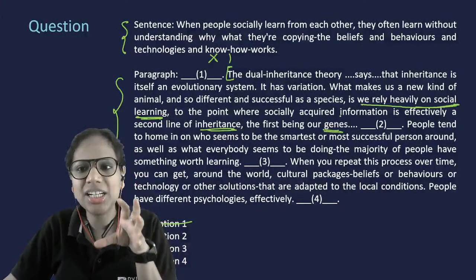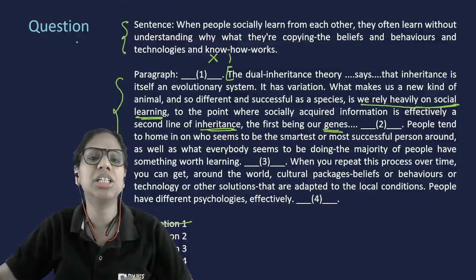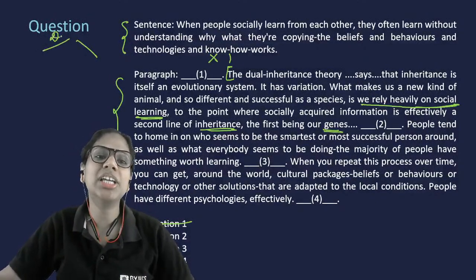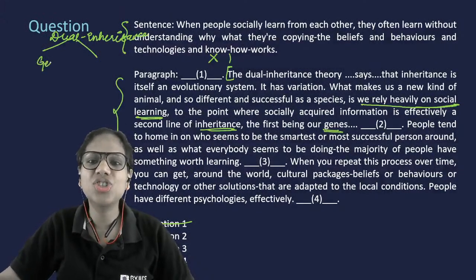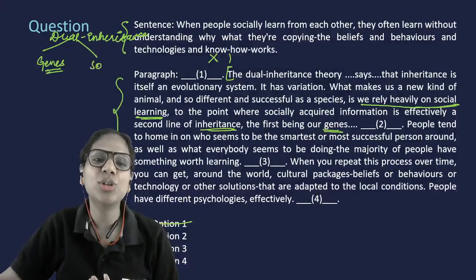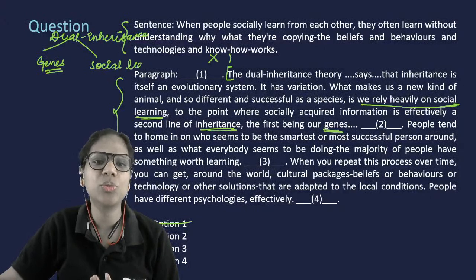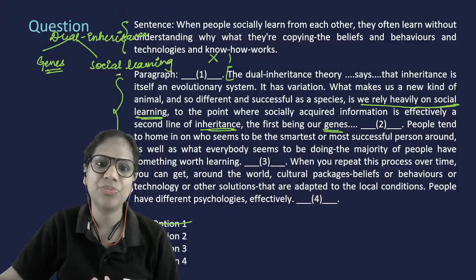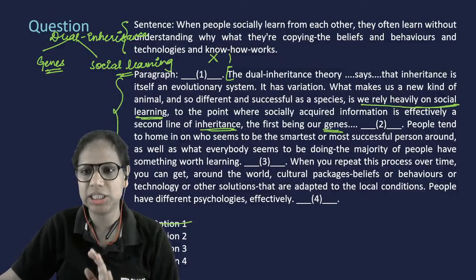So when I read till here, it becomes absolutely clear what is meant by dual inheritance. This theory is saying that we don't just inherit behavior from our genes, but we also inherit it from social learning, what we learn from our surroundings.